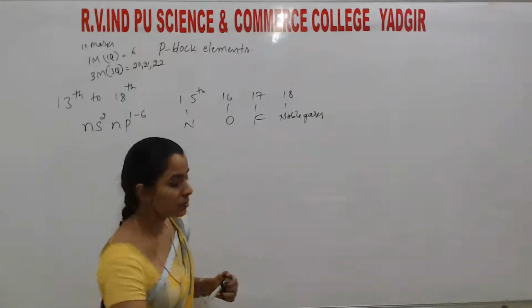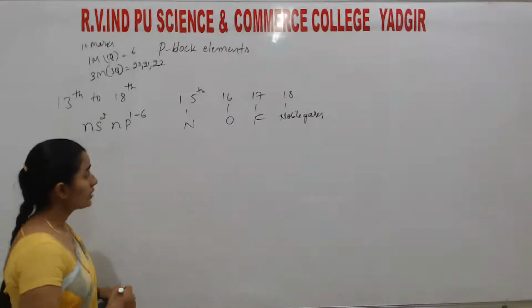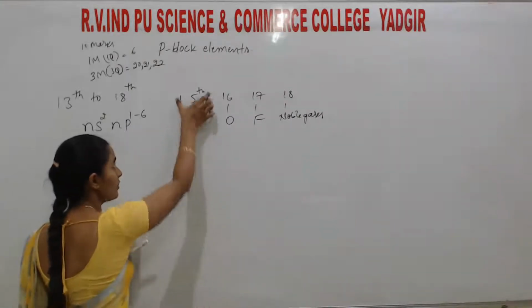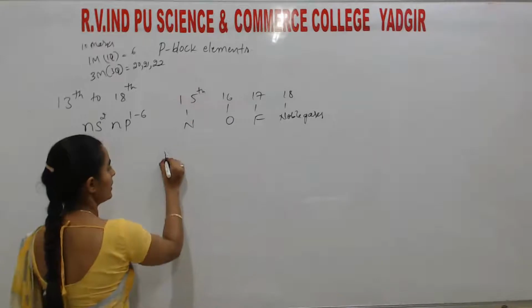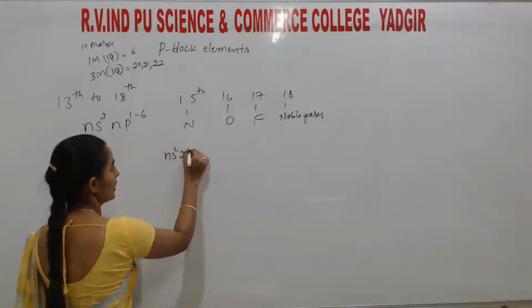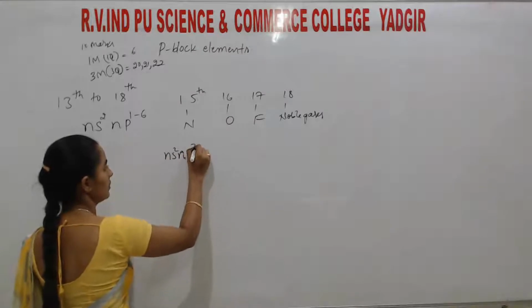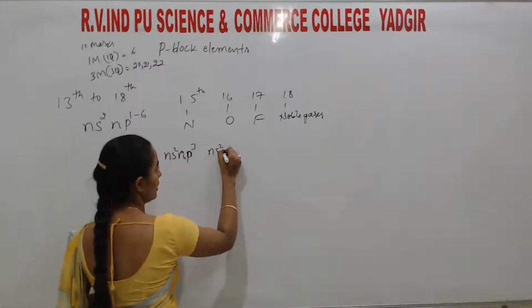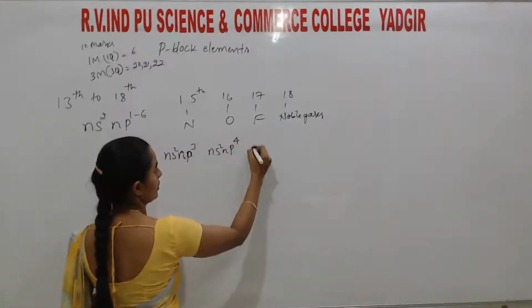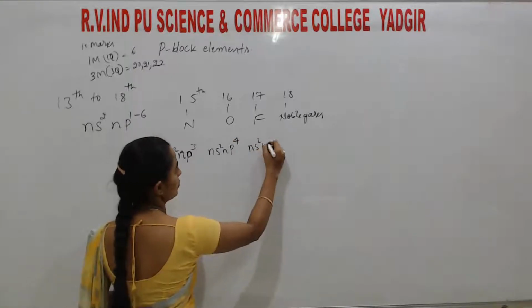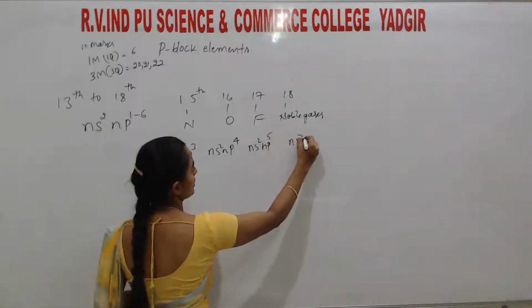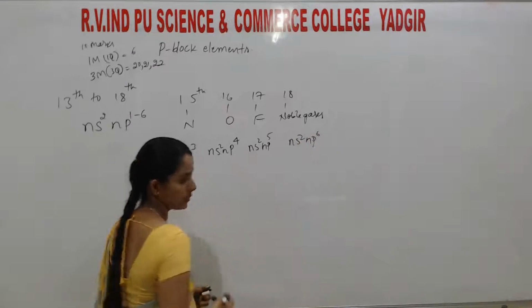Understood? So students, the general electronic configuration of the first group is ns2 np3. This one is ns2 np4, this one is ns2 np5, and this one is ns2 np6.